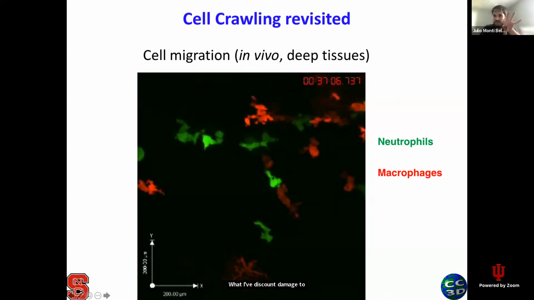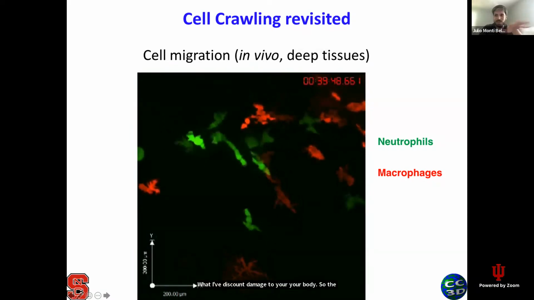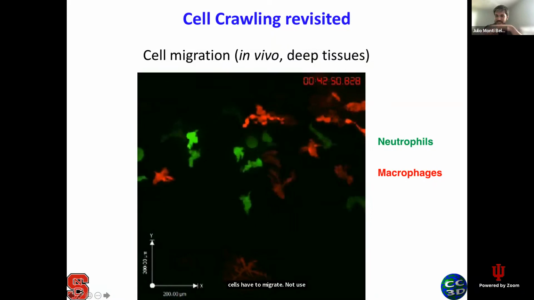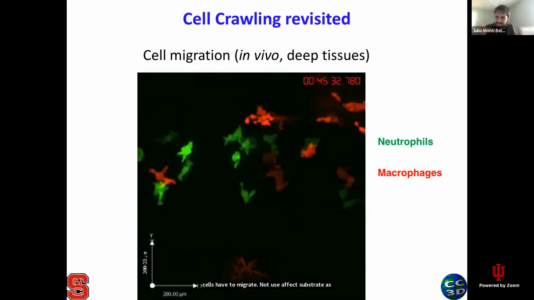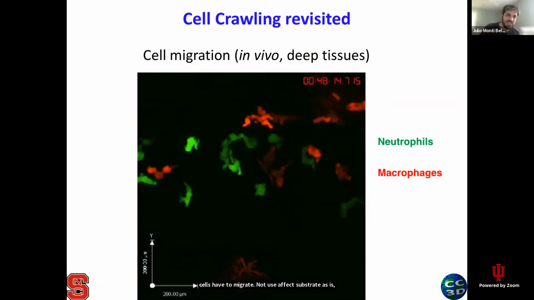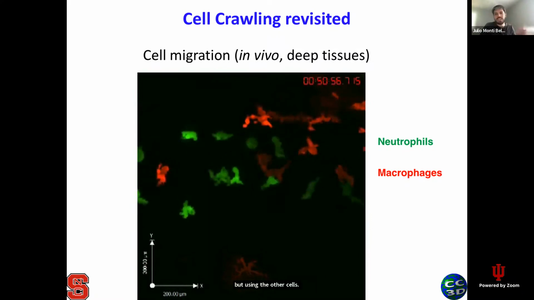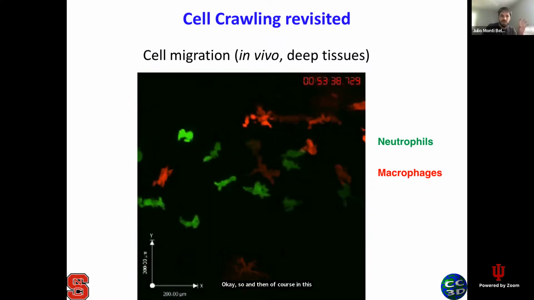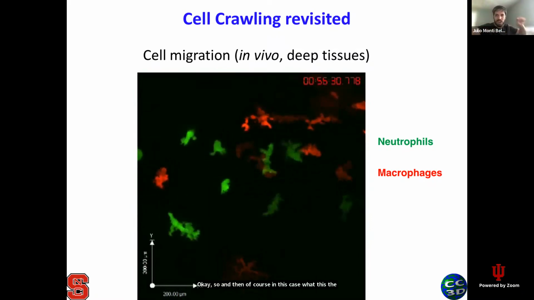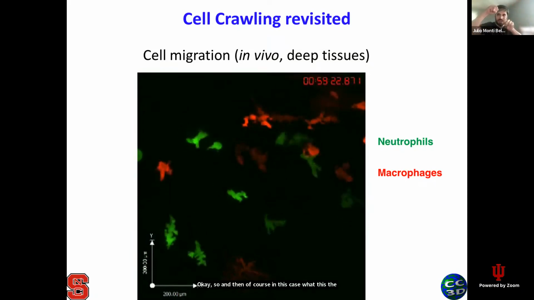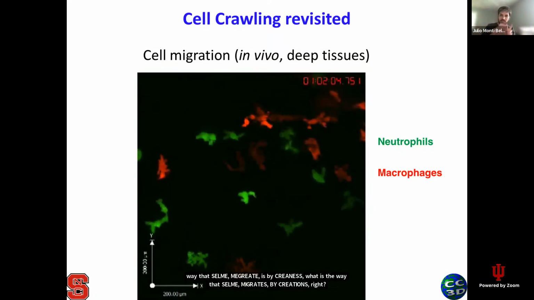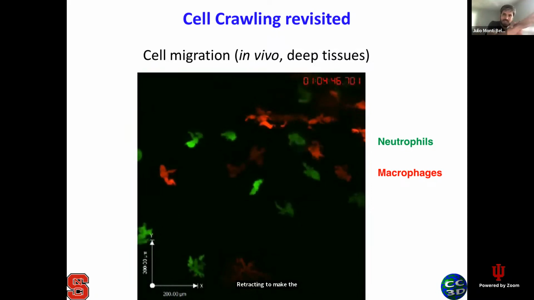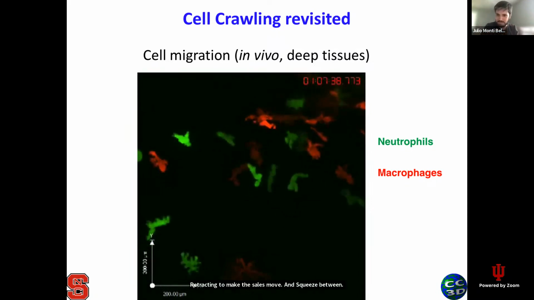So the cells have to migrate, not using a flat substrate as a track, but using the other cells as a track. Of course, in this case, the way that cells migrate is by creating these protrusions, grabbing other cells far away and then retracting to make the cells move and squeeze between different cells.